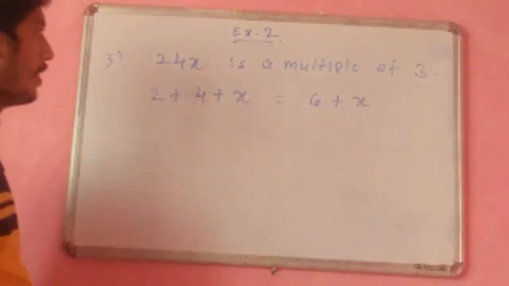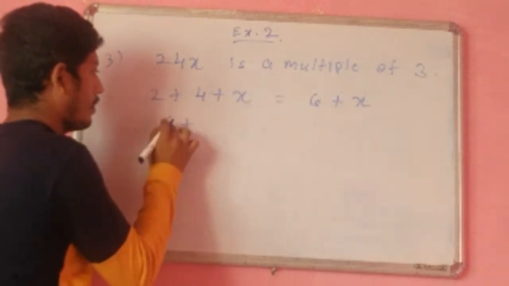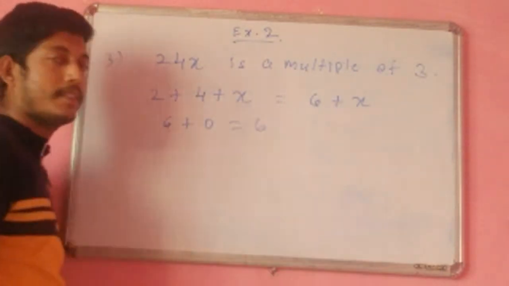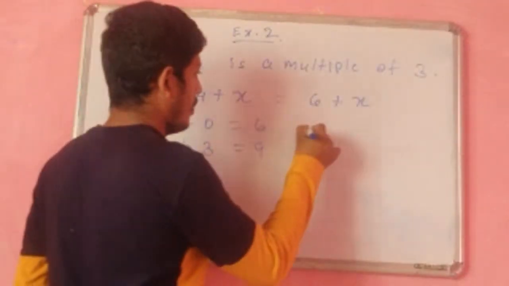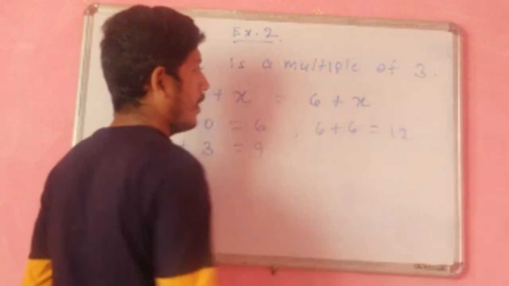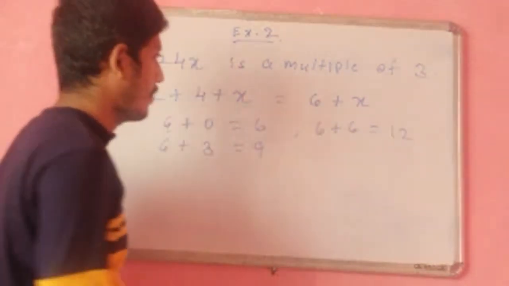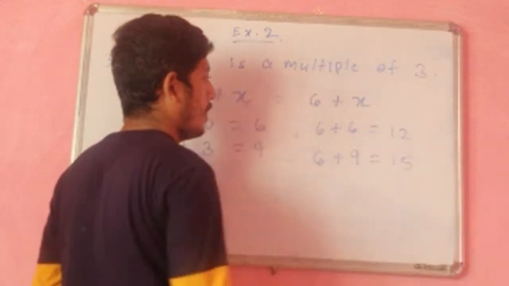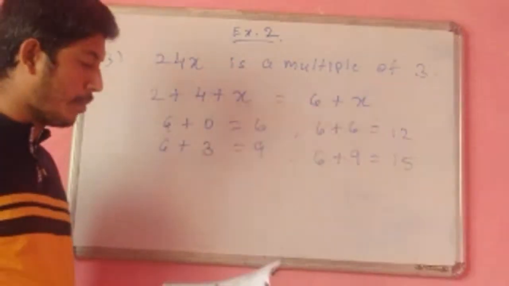So the possible cases are 6 plus 0, that is 6, which is divisible by 3. 6 plus 3, that is 9, divisible by 3. 6 plus 6, that is 12, divisible by 3. 6 plus 9 becomes 15, that is also divisible by 3.